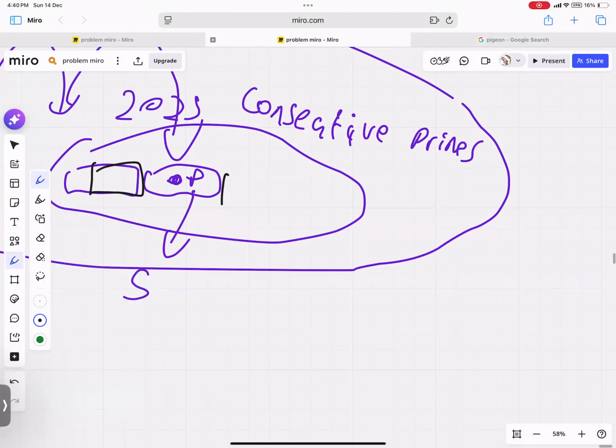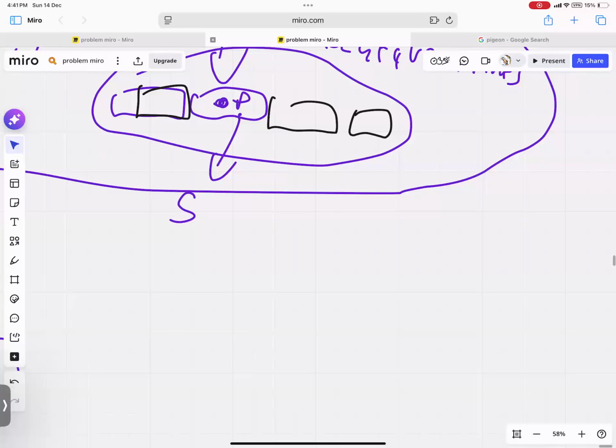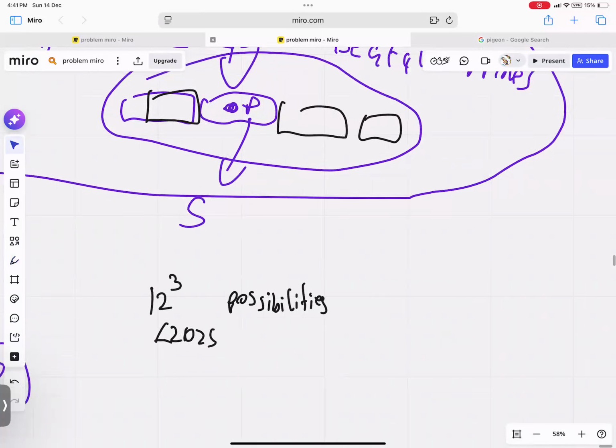So you have some block here, some block here, some block here. And now because they're prime, we know something stronger: these blocks can't be in one of 13 cubed possibilities, they are in one of 12 cubed possibilities. And this is less than 2025. So we're done. Then we do the same argument.